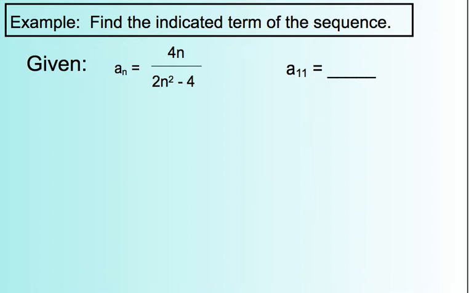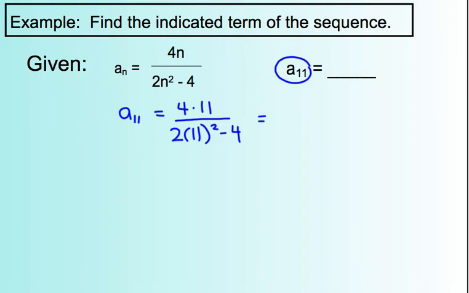All right, here's another example. We want you to find the 11th term in a sequence. So here's our equation. We're going to substitute 11 in for n. All right, so now we do our order of operations.